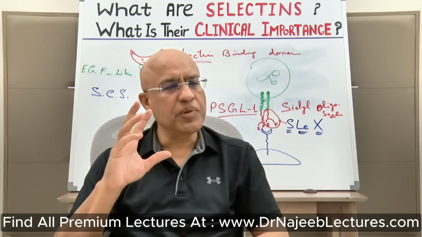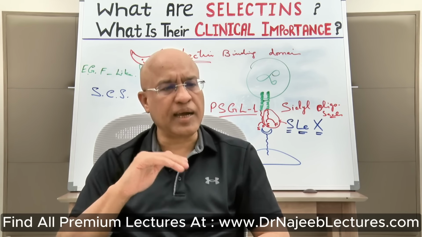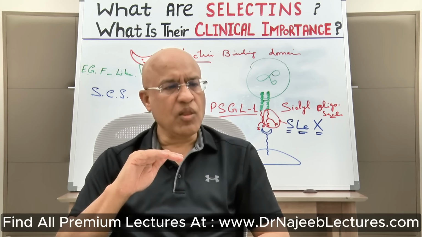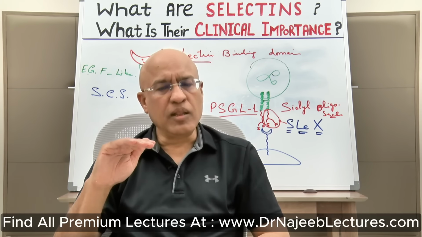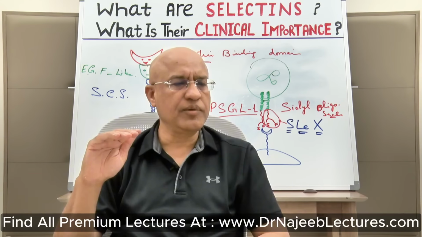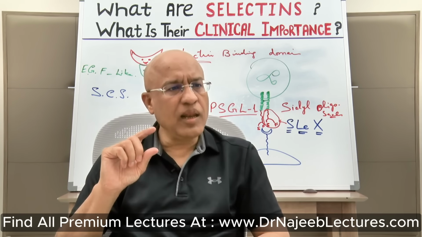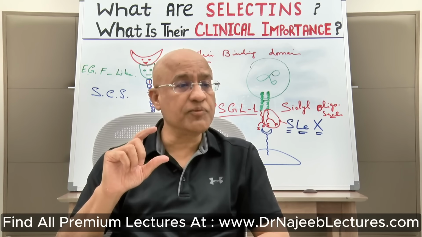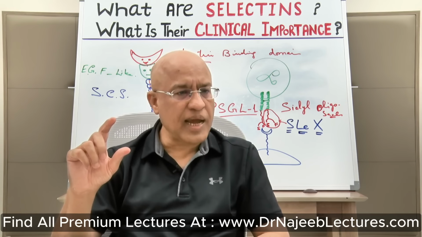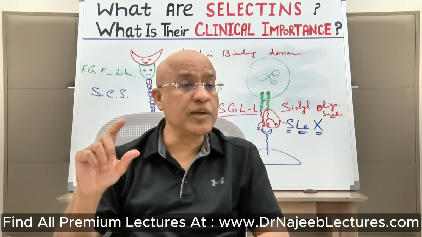And they help in trafficking of lymphocytes. When I just explained how lymphocytes expressing L-selectin are passing through lymph node or Peyer's patches or other mucosa associated lymphoid tissue, these L-selectin expressing lymphocytes will bind with the lymphoid microcirculatory endothelial cells.